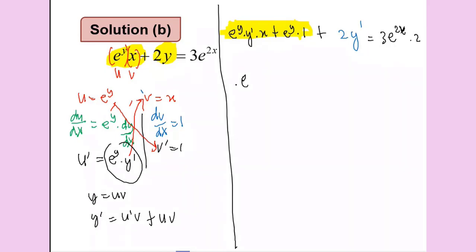x e^y plus 2 y prime is equal to 6 e^2x minus e^y.